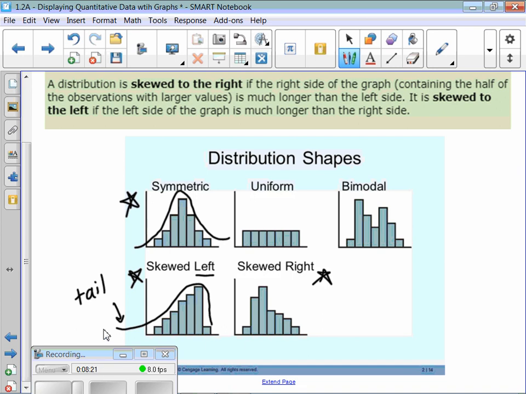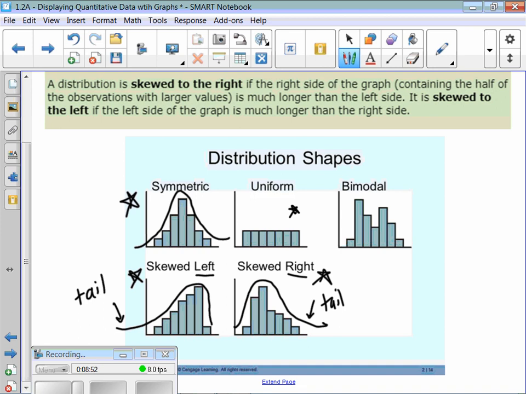And then this would be like your right foot, where the tail of the data is on the right-hand side, so it's skewed right. I would draw the pictures and label each one. And then this is just called uniform. We don't use that a whole lot.